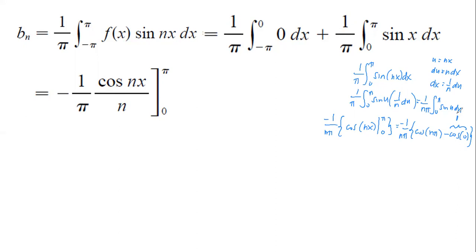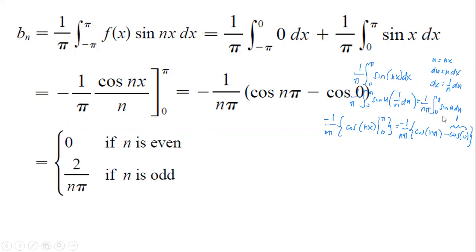If n is equal to 2, the value of cosine 2 pi is positive 1. So if we try to simplify the value of b sub n, this will give us negative 1 over n pi, then times cosine n pi minus cosine 0, or just minus 1, no?